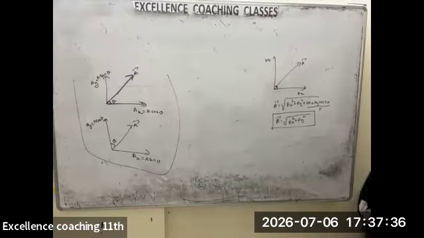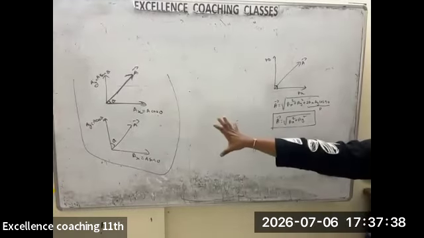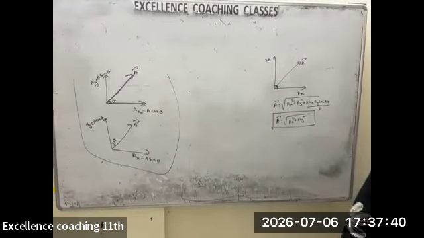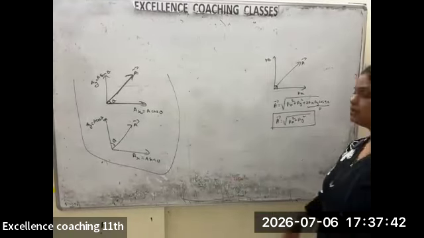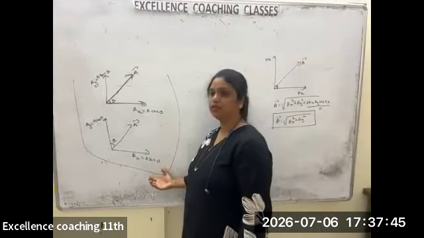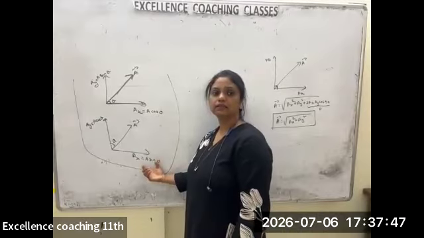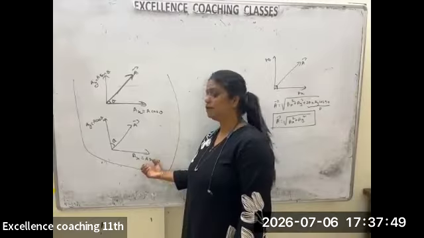You are just finding Rx and Ry. All that root is not required. R is given to you. Theta is given. What will be Rx? R is how much? 20.